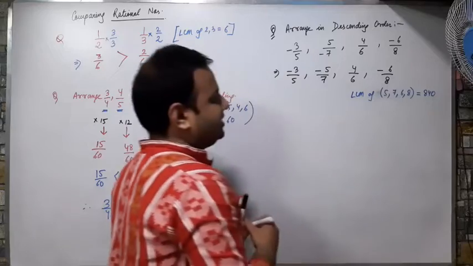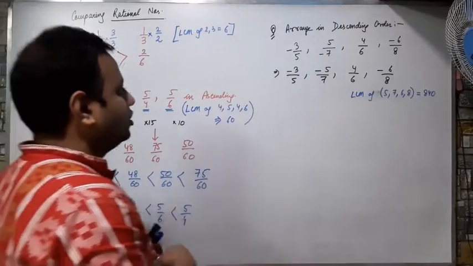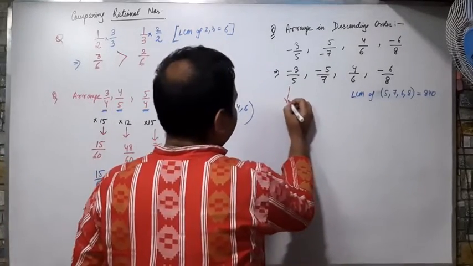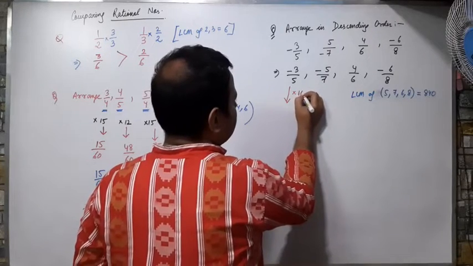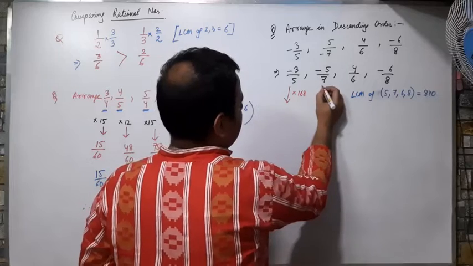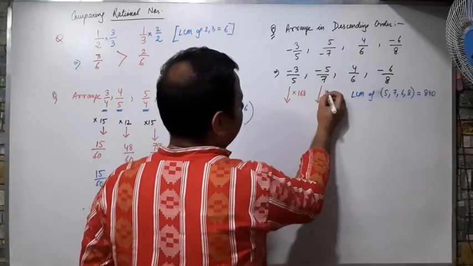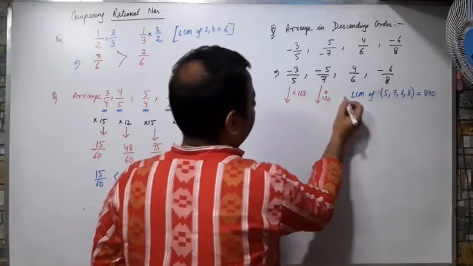So LCM is 840. So if I want to convert this one, I have to multiply it with 168. If I have to convert this one, I have to multiply with 120.